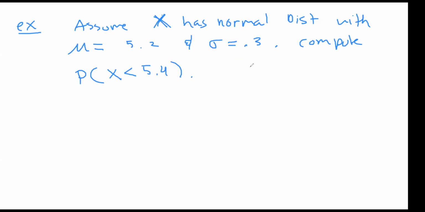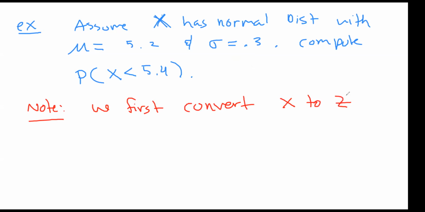So we can't just go straight to the table because this is not a Z variable. We don't have mean 0 and standard deviation 1. So let's make a note of that so we don't end up driving ourselves crazy. So we need to first convert X to Z. And so we gave you that formula.